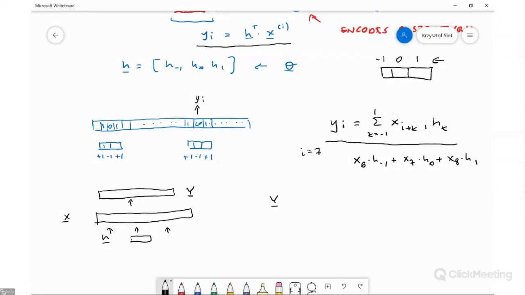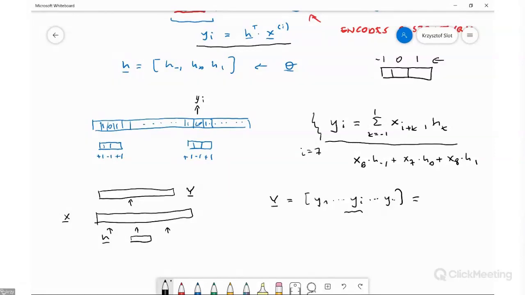This output vector y will be composed of these values: y1, yi, and some last element. Each of these entries will be computed this way.